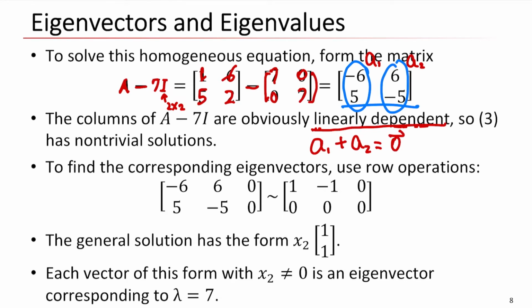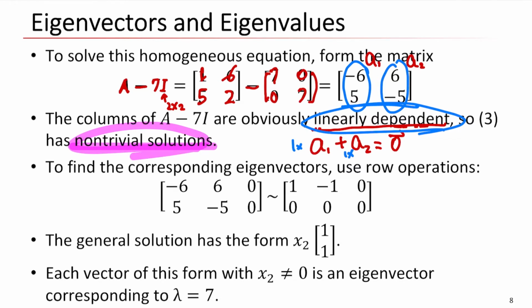In other words, there exist non-zero coefficients, 1 and 1. So we can say that the columns of this matrix are linearly dependent, so it has a non-trivial solution.